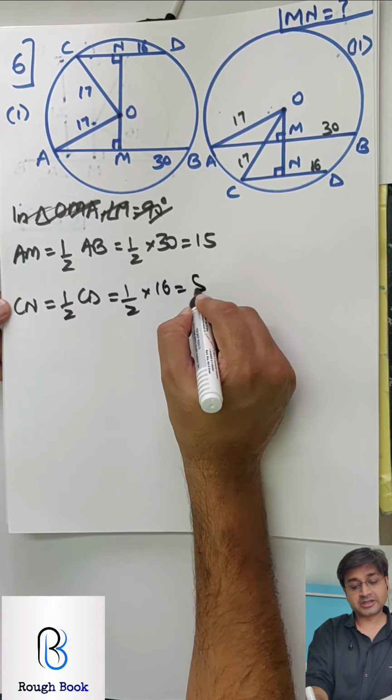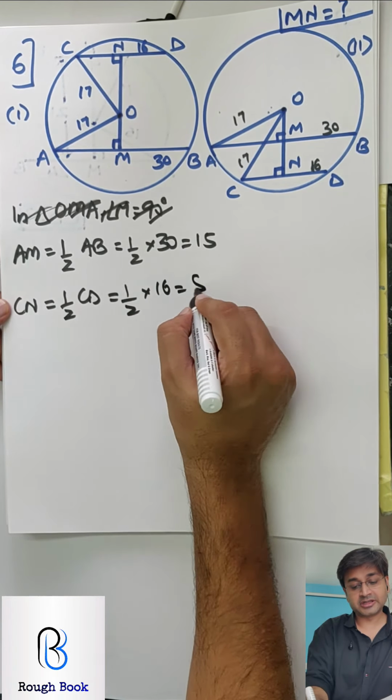Reason for both of them: perpendicular drawn from the center of the circle to the chord bisects the chord. Please write the entire statement. This is not allowed in the exam, okay? So now that we got these two as 15 and 8, let's jump into the triangles.